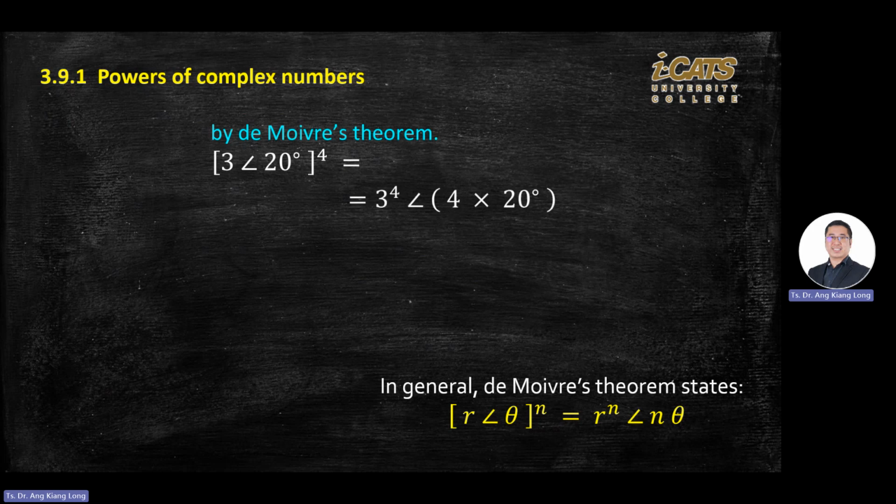So your step should be 3 to the power 4, and then 4 multiplied by 20. You should know how to press the calculator.